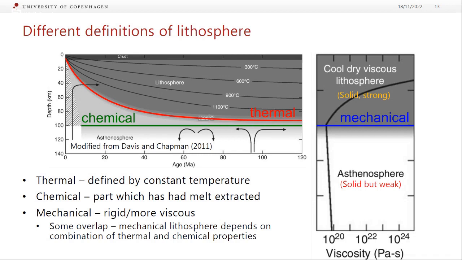They're still solid, but they can deform a bit easier. So chemical lithosphere would be everything that's had melt removed, and this is going to be at a constant depth from the ridge. And then the last definition is the mechanical lithosphere. The idea is whether it's rigid or not, and this is going to be some combination of how cold it is and what the composition is.